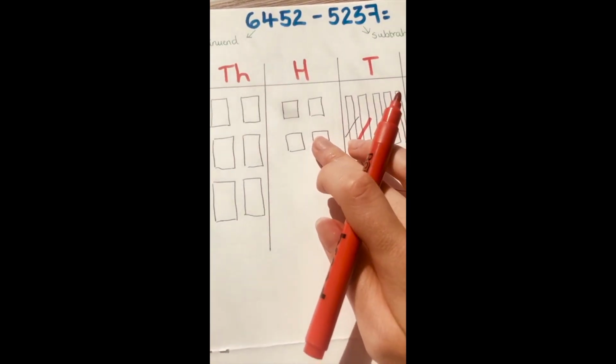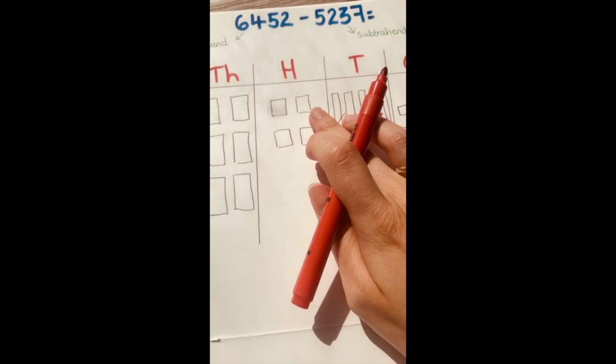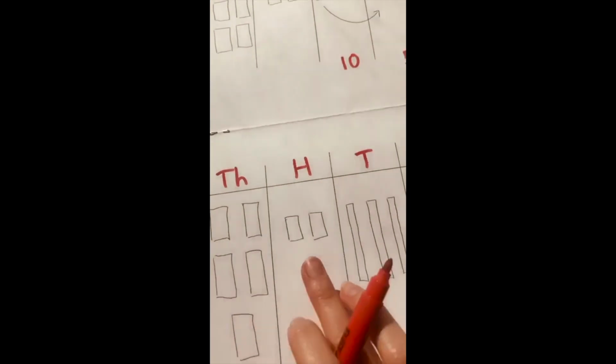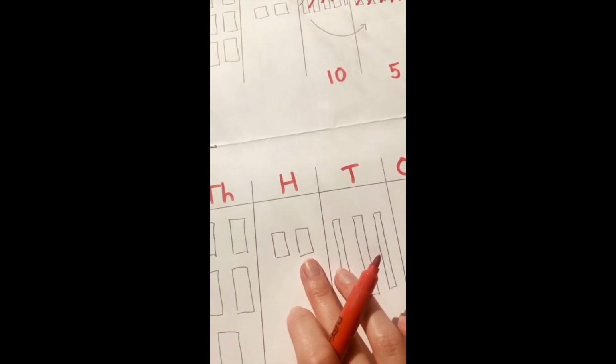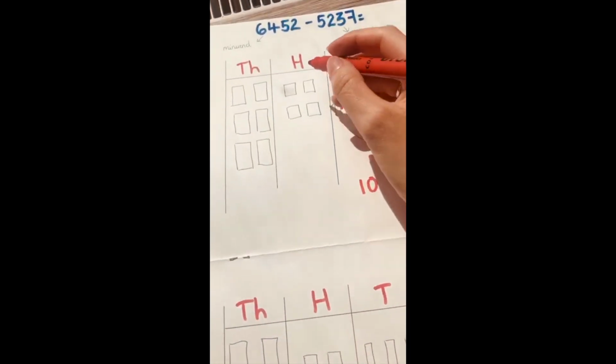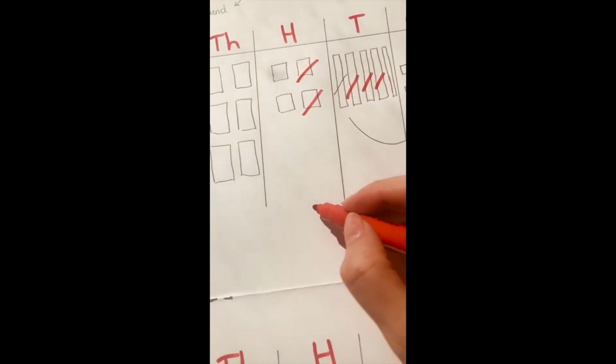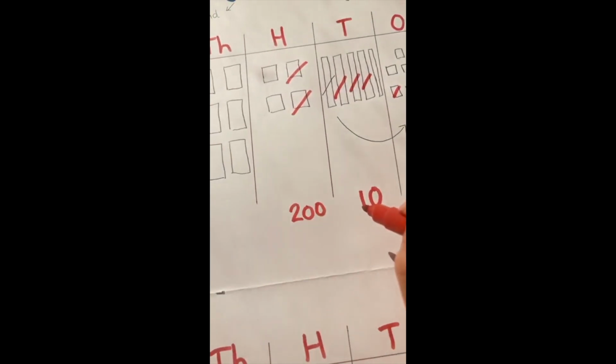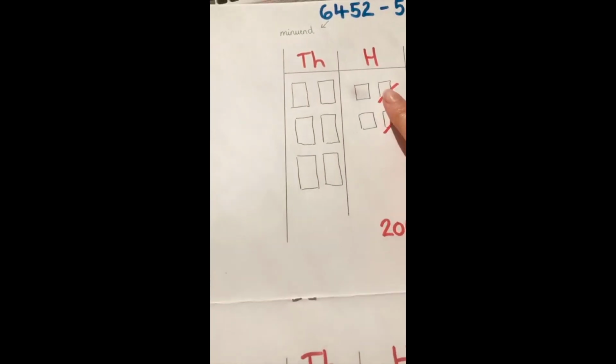Into my hundreds column, I've got 100, 200, 300, 400, minus 100, 200. So I need to come back up to the top, take away my 200, and I've got 200 left. Lastly, I need to go into my thousands column.